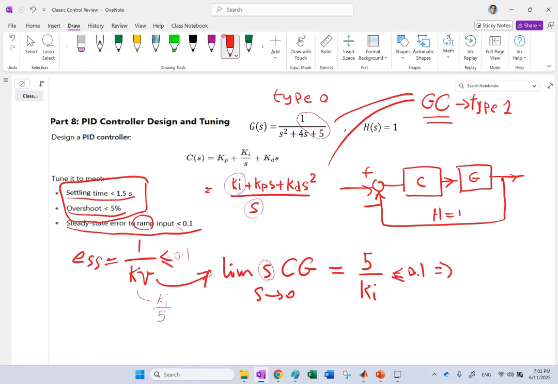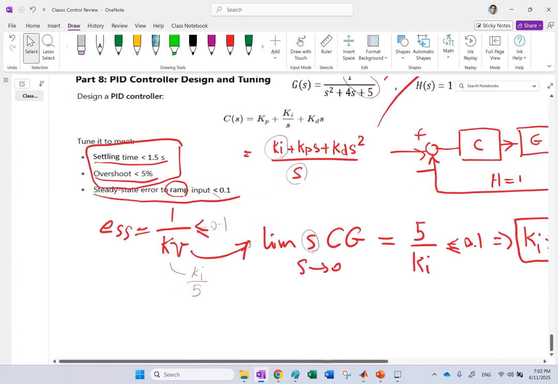That means your ki should be bigger than or equal to basically 50, correct? So if ki is bigger than or equal 50, your error condition will be satisfied.